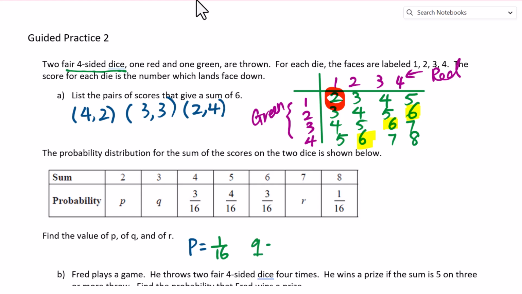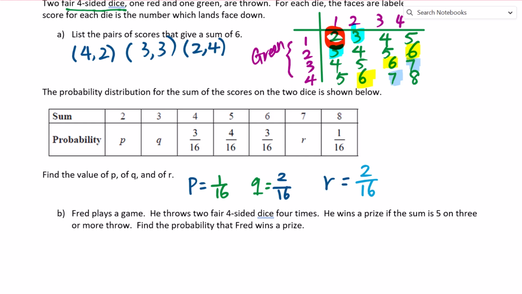For Q, there are 2 3s, so the answer is 2/16. R equals, 2 7s, so R equals 2/16. Let's go to B.